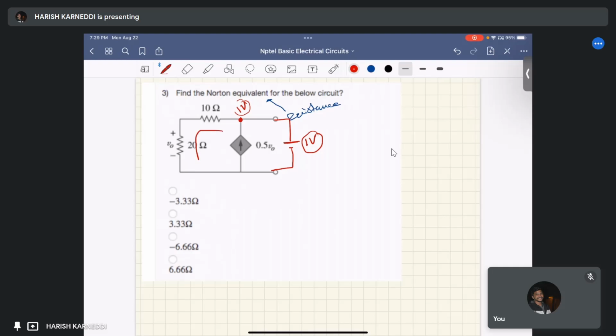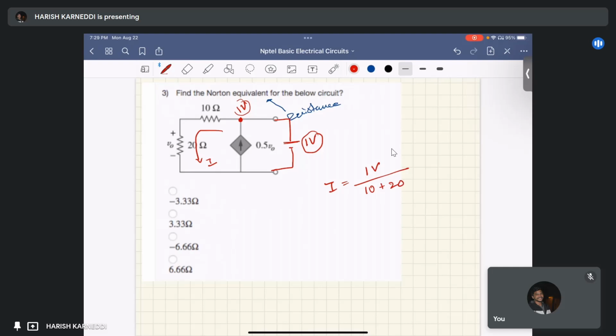this current. Let us suppose I, that I equal to the total voltage, that is 1 volt, by total resistance, that equal to 10 ohm plus 20 ohm. Why?